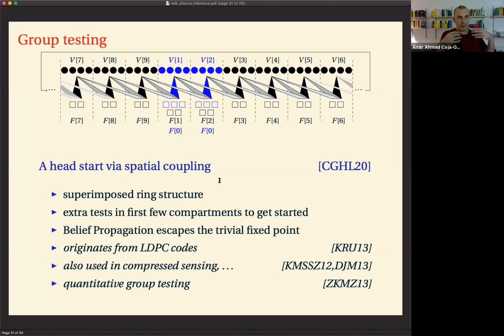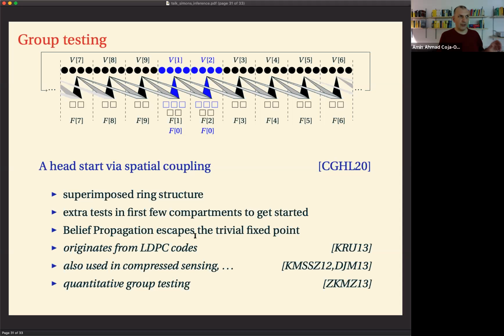So instead of using a plain random test design like I described in the beginning, you would superimpose a geometric ring structure on your test design, partition your tests and individuals into compartments arranged in a ring topology, endow the seed, the beginning of the ring, with some extra tests so that you can get a good handle on the beginning, and then work your way from one compartment to the other, diagnosing the individuals along the ring topology effectively.